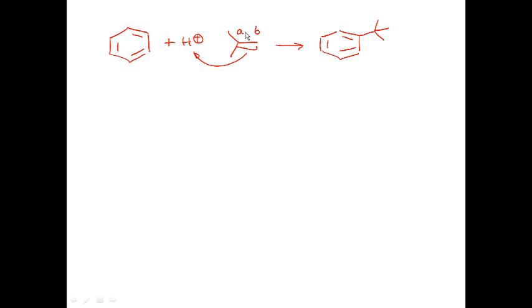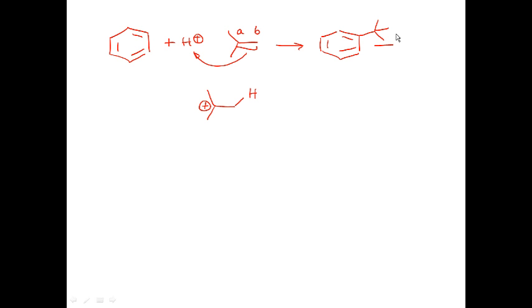If you said the H plus will add to carbon B, you're right, because that's Markovnikov addition. That adds H plus to the carbon with the most hydrogens, which is B, to form the more stable carbocation, which is a tertiary carbocation at A. What happens? I now have a tertiary butyl carbocation. It now adds to the benzene ring, and I make tertiary butyl benzene.